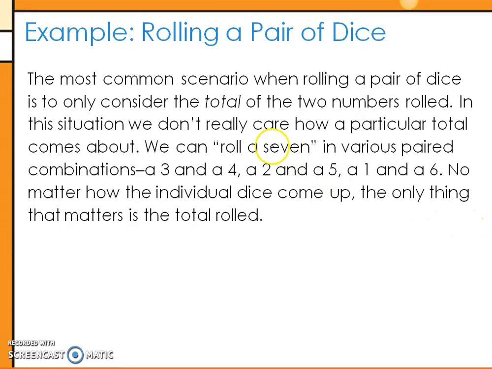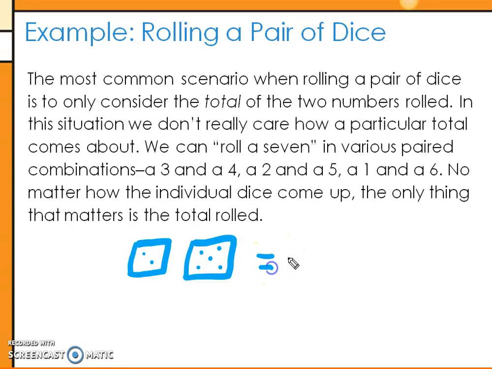Another example is rolling a pair of dice. In a lot of games, all you care about is the total, the sum of the 2 dice. That makes your sample space a little shorter. Let's say I roll a 2 and a 5, so my sum, or total, is 7.